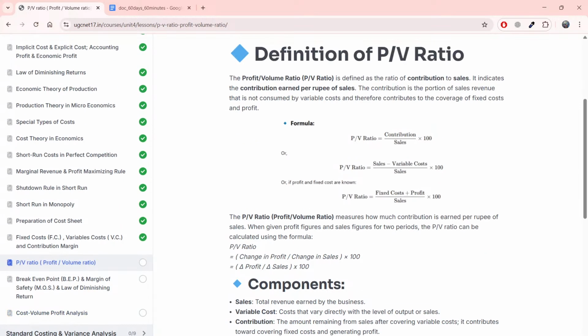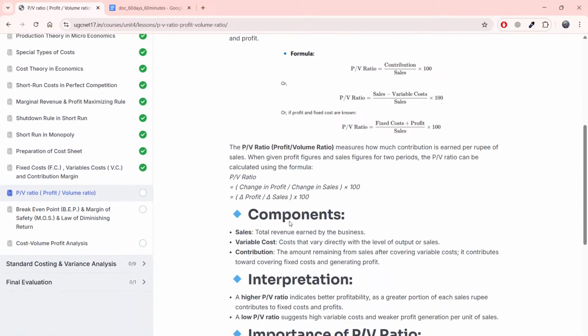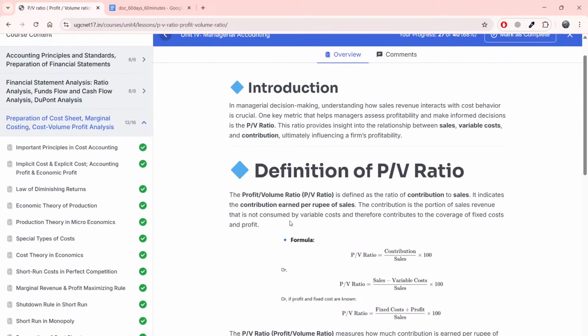Now this is important, okay? Profit volume ratio, PV ratio. In managerial decision making, understanding how sales revenue interacts with cost behavior is crucial. One key metric that helps managers assess profitability and make informed decisions is the PV ratio.